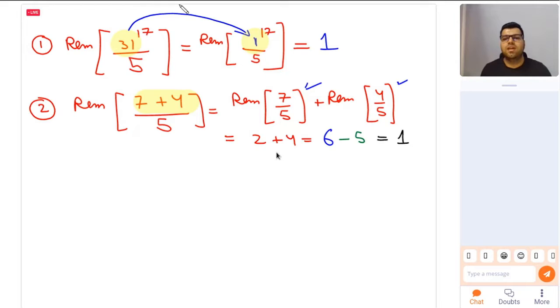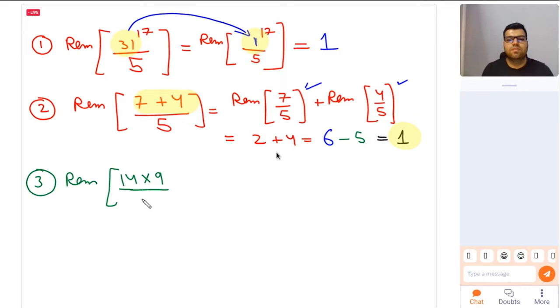Okay, students. Same way, it is distributive while we are doing multiplication. So if you say REM of 14 into 9 with 8. Okay. So one thing is that you do 9 into 14 and then take the remainder with 8.